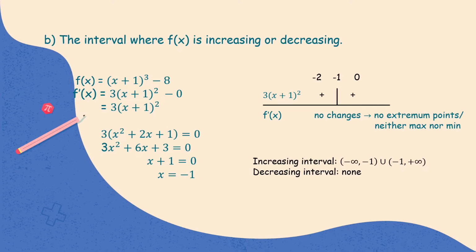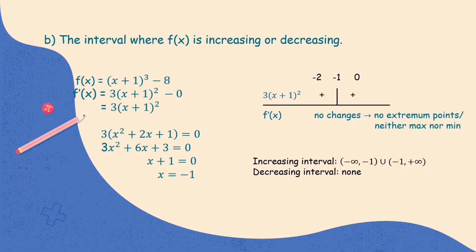Then we expand the algebra expression and we get 3(x power of 2 plus 2x plus 1) equal to 0. Then we expand again and get 3x power of 2 plus 6x plus 3 equal to 0. And then we simplify it and get (x plus 1) equal to 0. At the last, we get x is equal to negative 1.